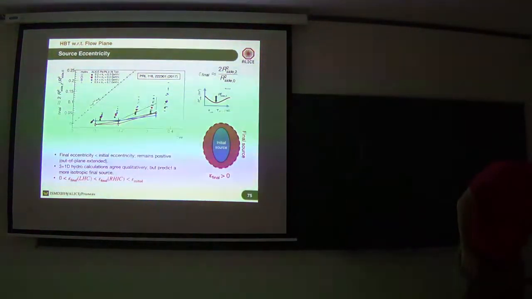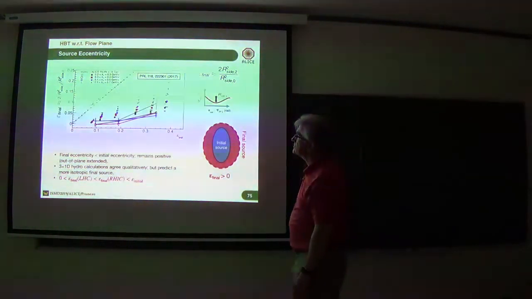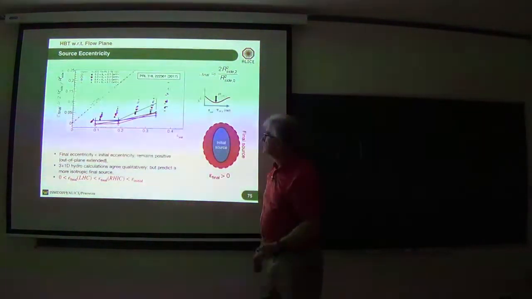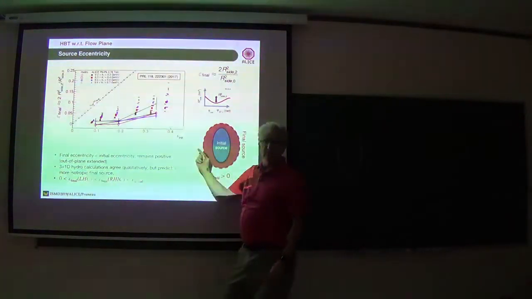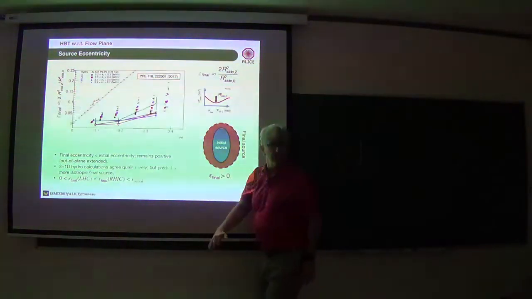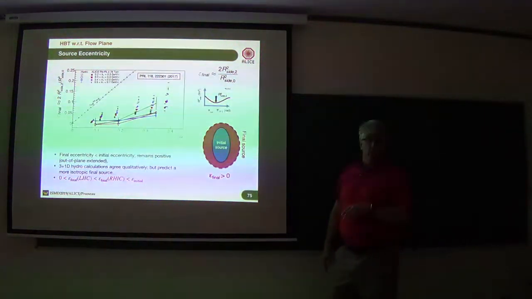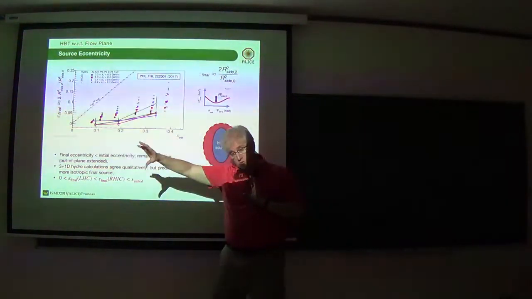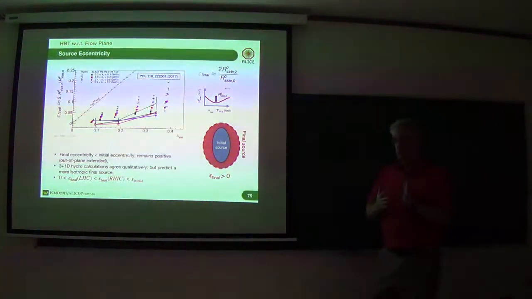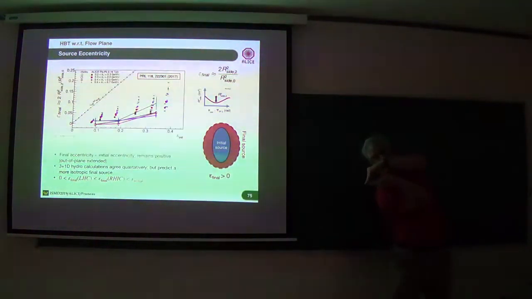and now we can try to understand how it behaves as a function of the initial eccentricity. So this is the final eccentricity of the system measured with HBT, and this is the initial eccentricity based on the V2. And then you can see there's a linear relationship between the initial and the final eccentricity of the system. The punchline is that, well, there's a correlation, and we were thinking that perhaps the expansion of the system would be so violent that you would go from this shape to that shape.